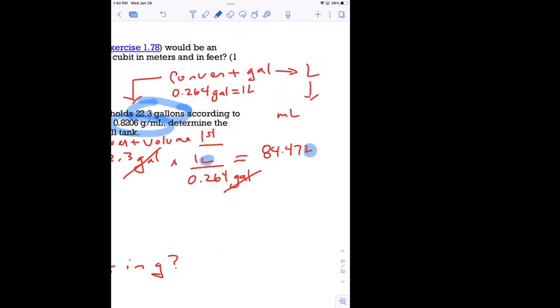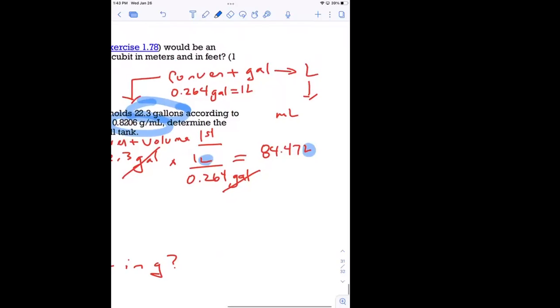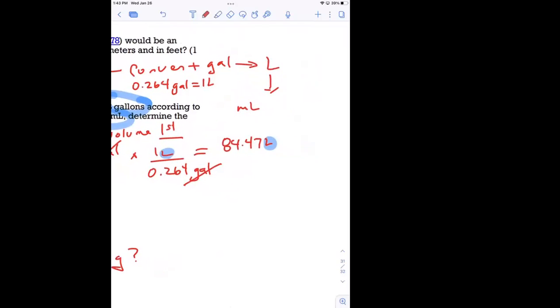All right. So it's 84.47 liters, which is how many milliliters? 1,000 milliliters over 1 liter. Again, this is all development of a skill set, because what you'll find out the further we go in chemistry is it's all just one big conversion.